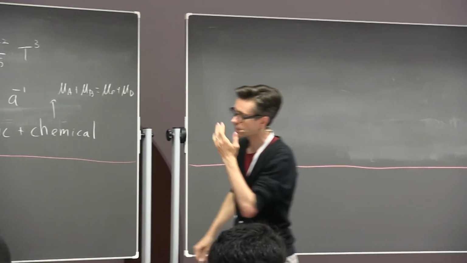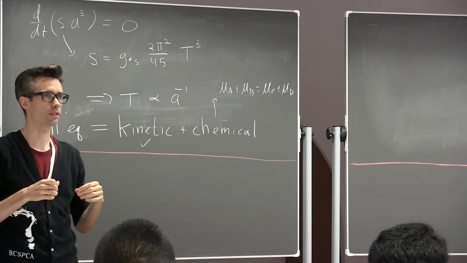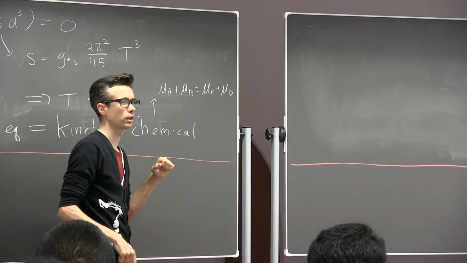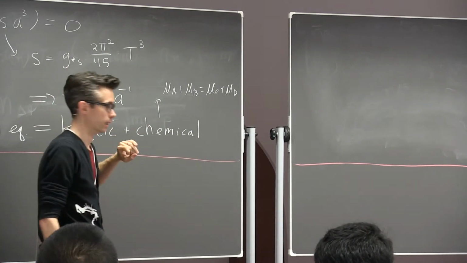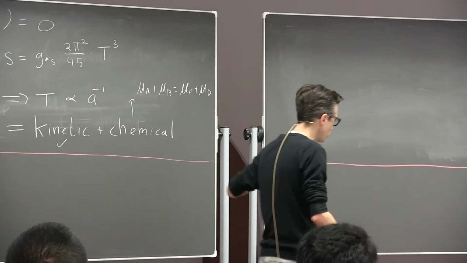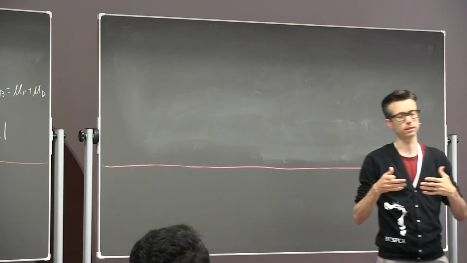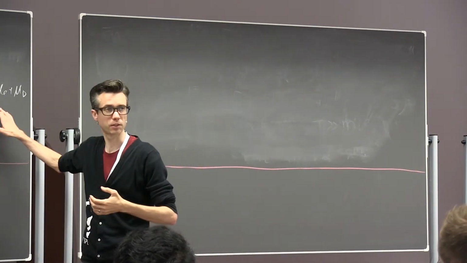So if we assume that dark matter has good elastic scattering with stuff, but number density changing reactions aren't so good, we'll assume that it has kinetic equilibrium, but it doesn't have chemical equilibrium. And this means that we can write these very nice distribution functions we had before, but now with time-dependent temperature and time-dependent chemical potentials that might not satisfy relations like this.